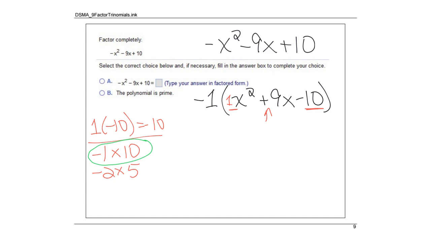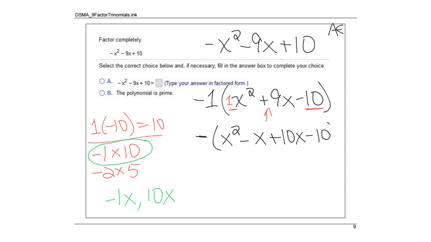If I took a negative 1x and a positive 10x, if I add those two together, I would get the 9x in the middle. So let's go ahead and leave them. We're going to leave the negative out front, and let's do the AC method. So we would have x squared minus x plus 10x minus 10. Again, this negative has to stay out front.